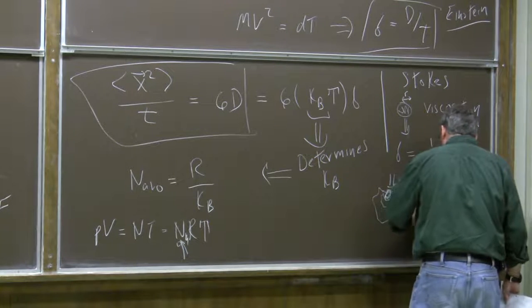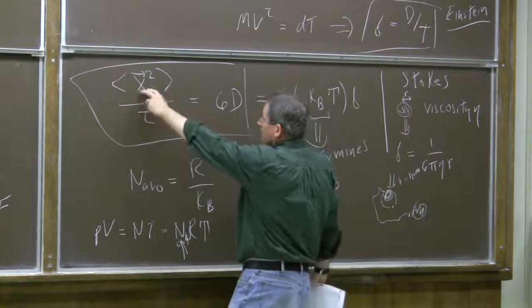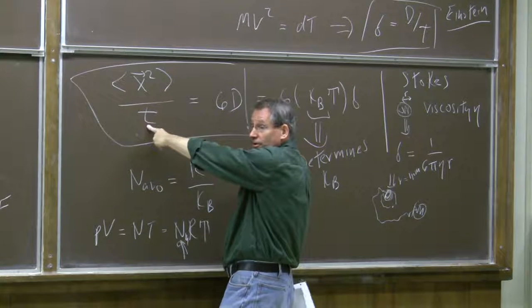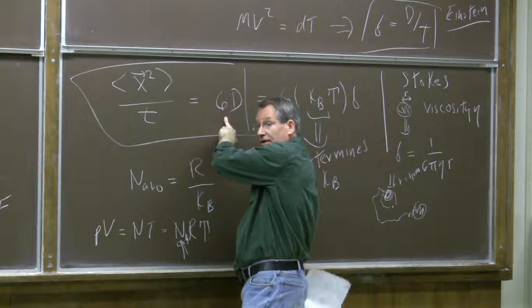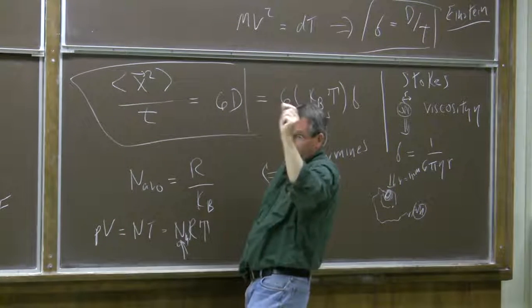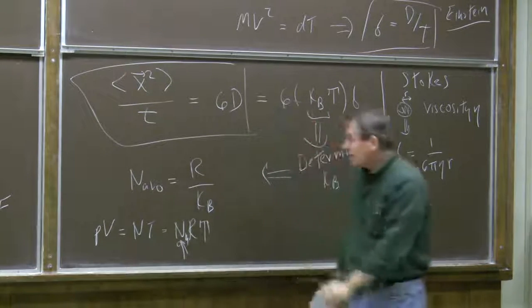And then you can, with a stopwatch, verify that the distance it typically travels scales like the square root of the time, or distance squared scales like t, with a constant of proportionality, which you can determine by looking at how far it goes. And that's how 6D can be extracted from the data.